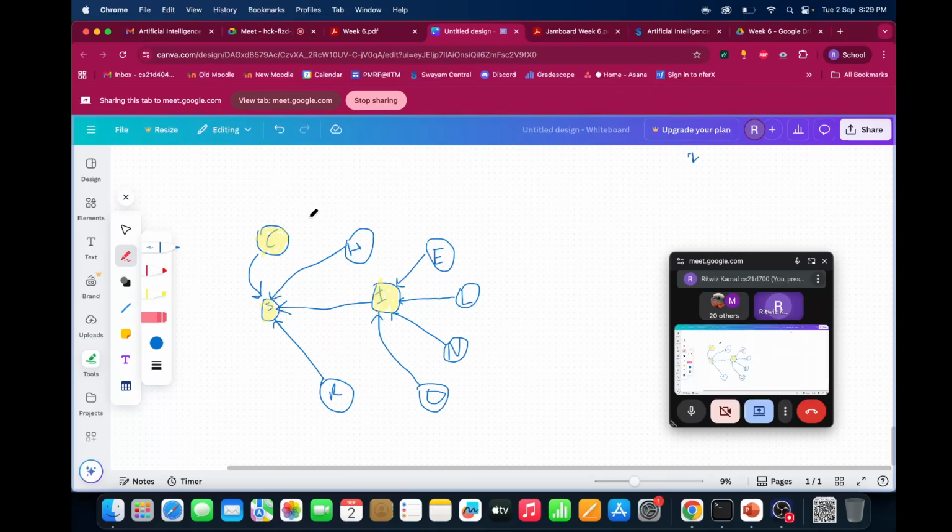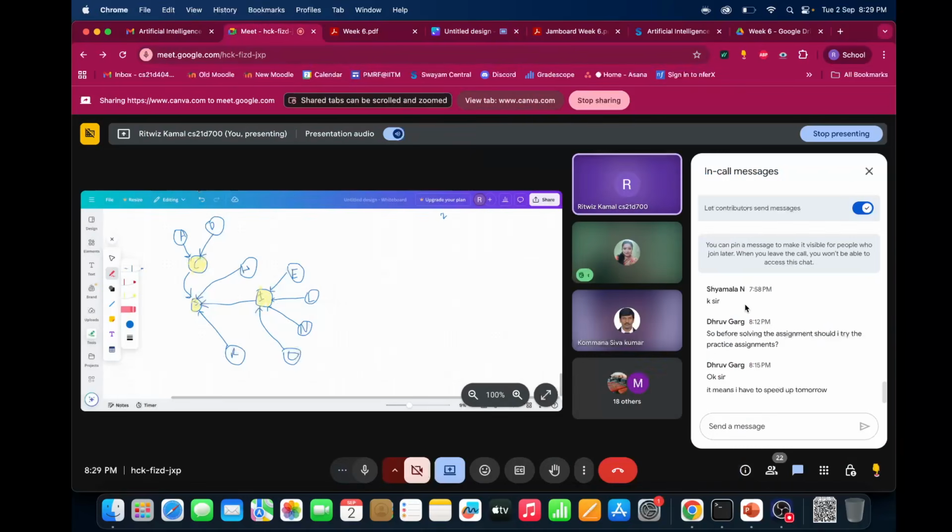C, A, D, H. Okay. So A and D, let me mark. Is H getting propagation improvement or is it remaining the same? You can even write in the chat box, Shiva, if it's not audible.